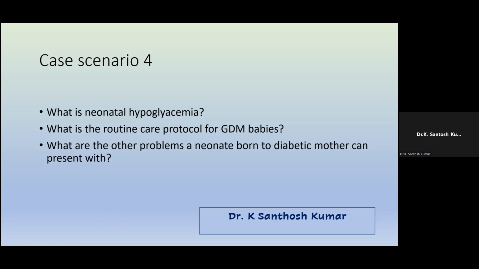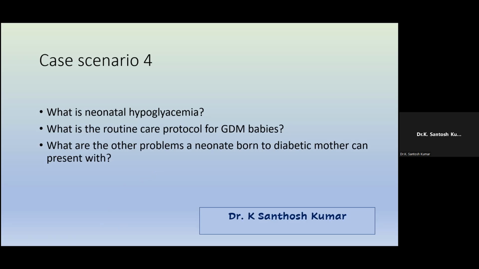Calcium is not adequate, and there is excessive calcitonin also, and this leads to hypocalcemia and hypomagnesemia. Generally this presents on the second day of life, and not immediately after birth like hypoglycemia does. These are the metabolic complications.